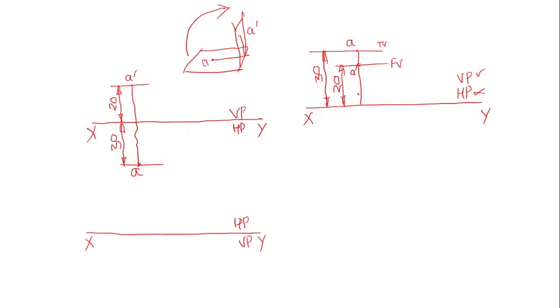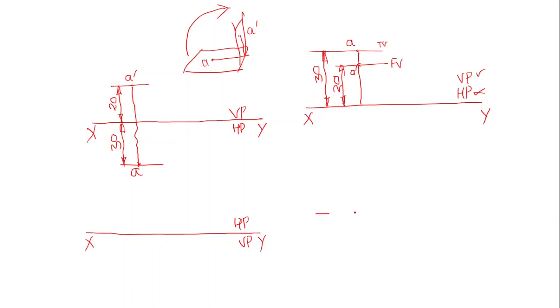So that projection line must be extended up to this XY line. This is the representation of point A lying in the second quadrant.